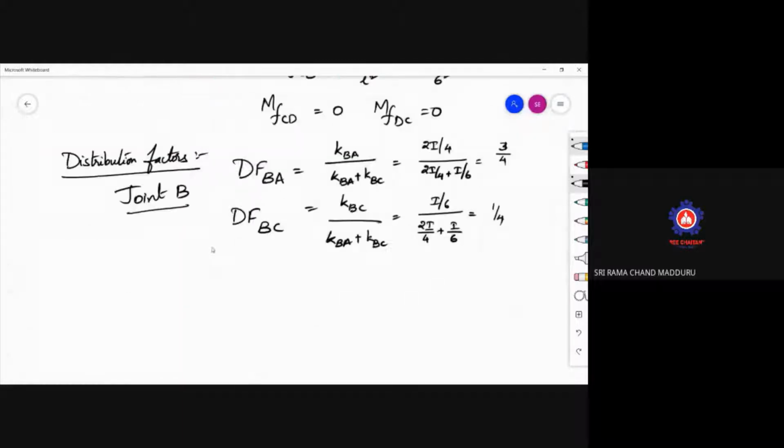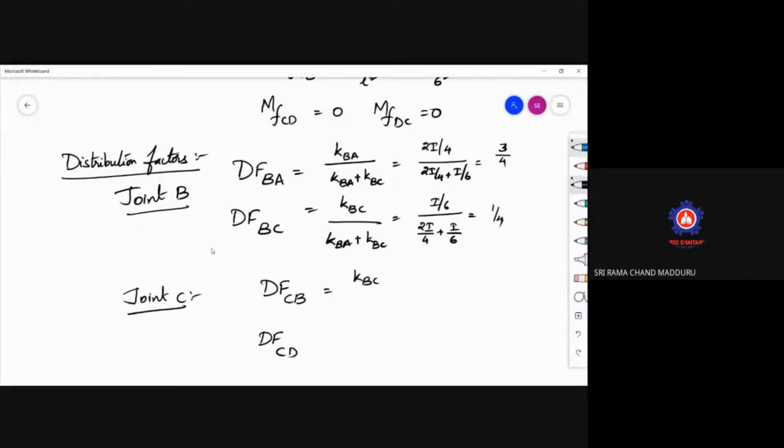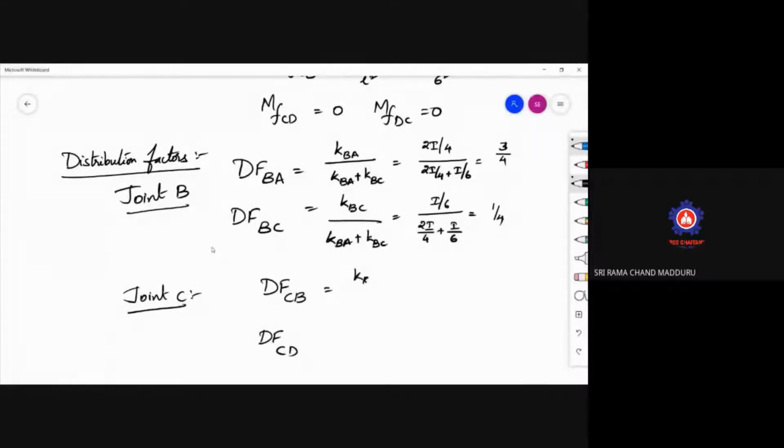Now at joint C, DF CB, DF CD, KBC, sorry, KCB by KCB plus KCD, KCD by KCB plus KCD.